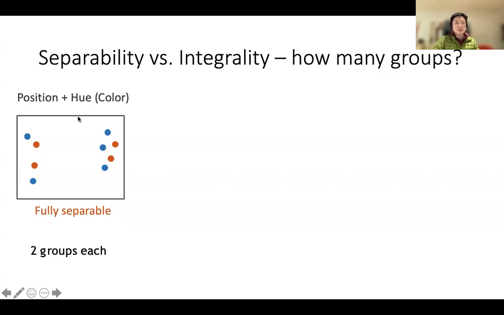We can clearly see position-wise how they are grouped and color-wise how they are grouped. If you had to compare, position gives maybe a stronger grouping compared to color, isn't it? That's why, if you remember early on, position is the most effective channel for showing categories, and color is the one after.